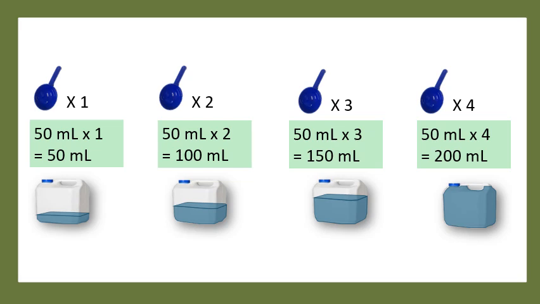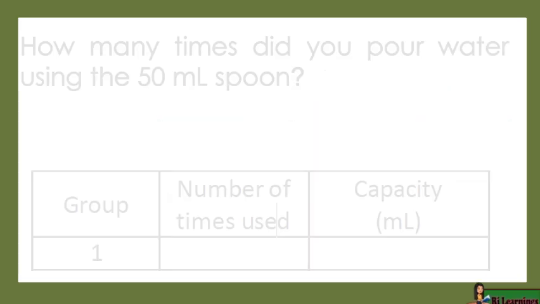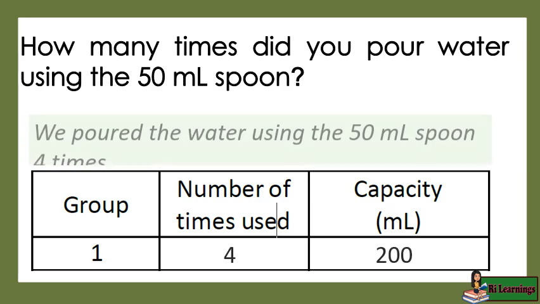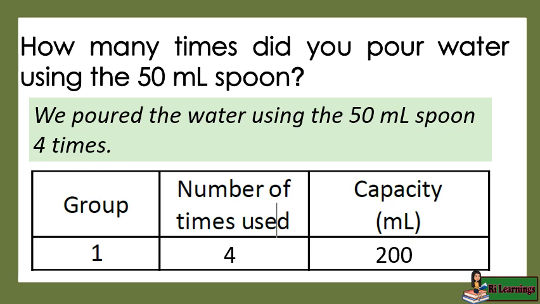So, by using a 50 milliliters measuring spoon 4 times, we measured the capacity of the container, which is 200 milliliters. How many times did you pour water using the 50 milliliters spoon? We poured the water using the 50 milliliters spoon 4 times.